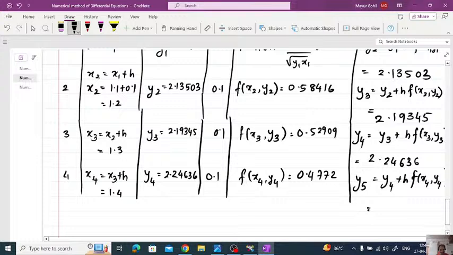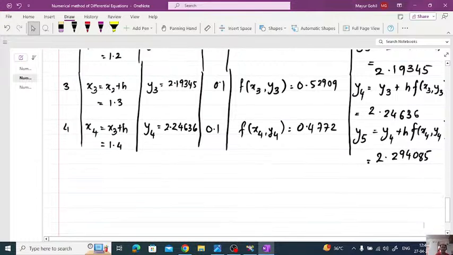Here we will have 2.24636 added. So your final answer here will be 2.294085, something like that, so you can round it a bit more.